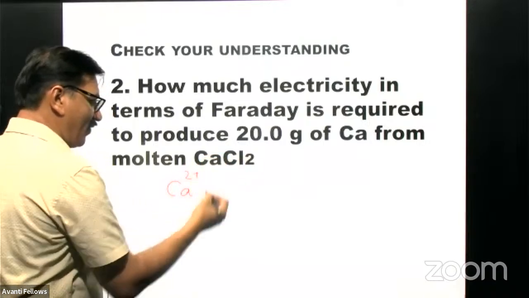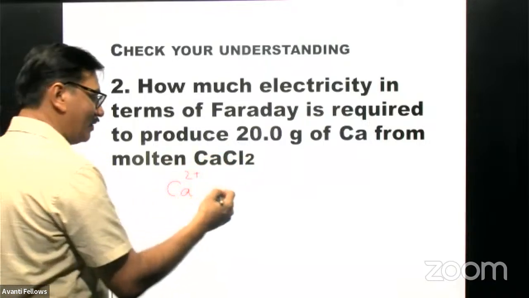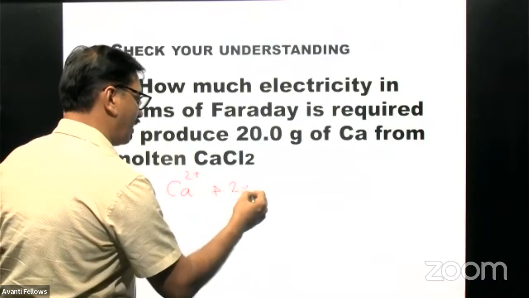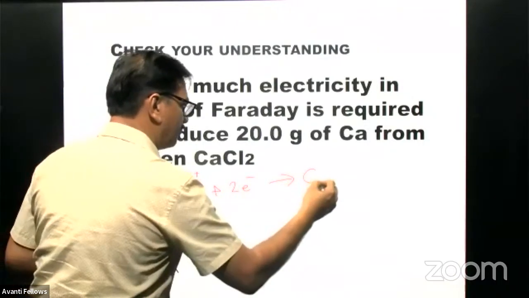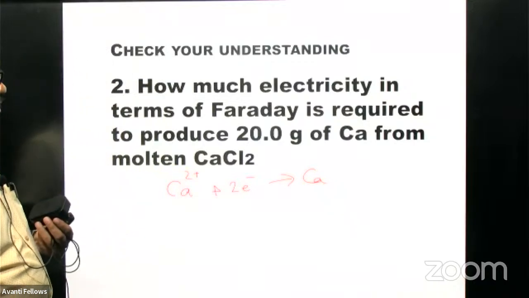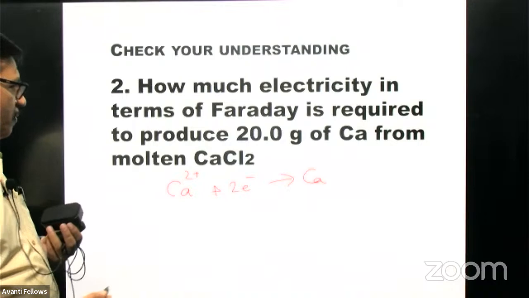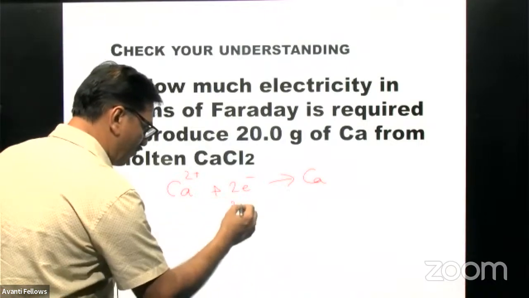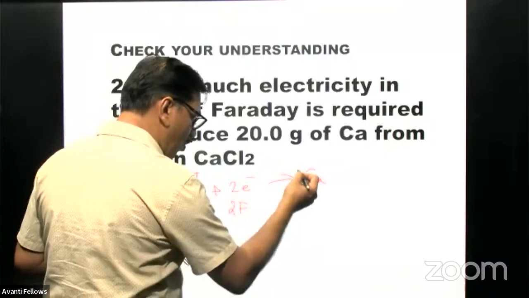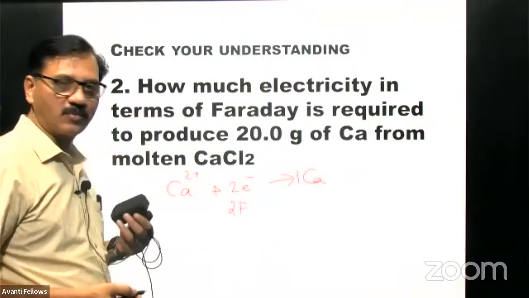Calcium chloride has Ca2 plus ion, so always take the oxidation state of that. To convert Ca2 plus into calcium, it needs 2 electrons. It needs 2 Faraday of charge.